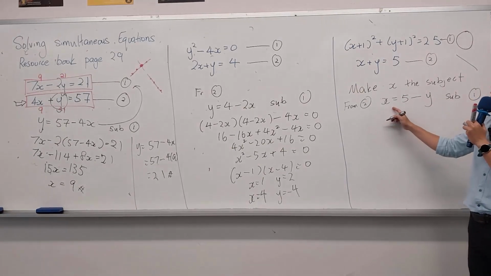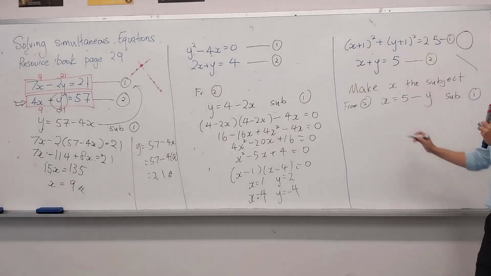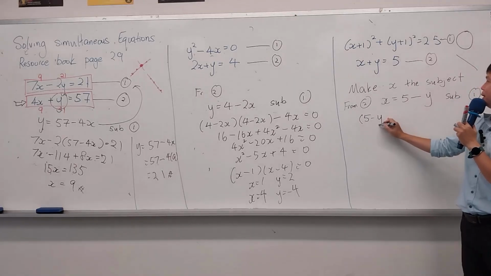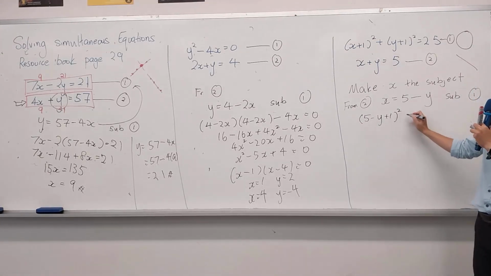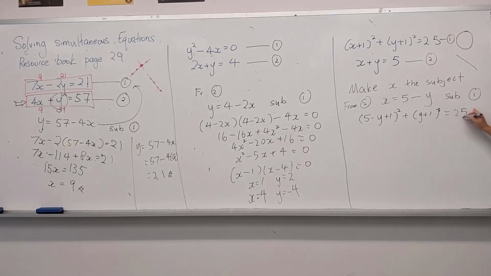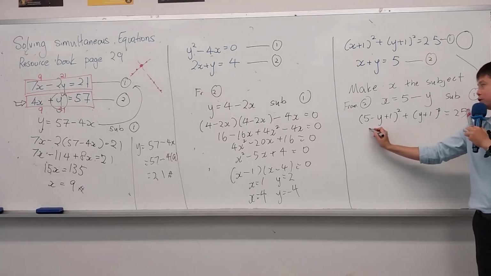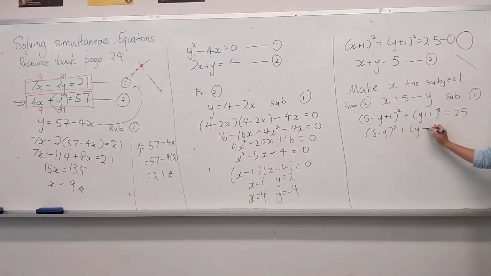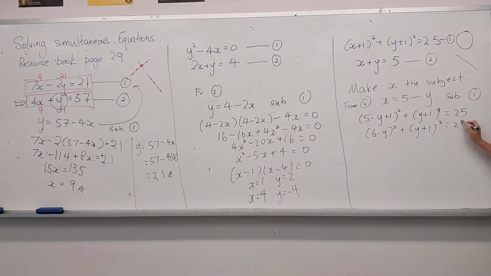So we will substitute x into equation 1, and we have 5 minus y plus 1 squared plus y plus 1 squared equals to 25. We will always make the bracket simpler first, simplify and reduce before we move on. So we will have 6 minus y squared plus y plus 1 squared equals to 25.